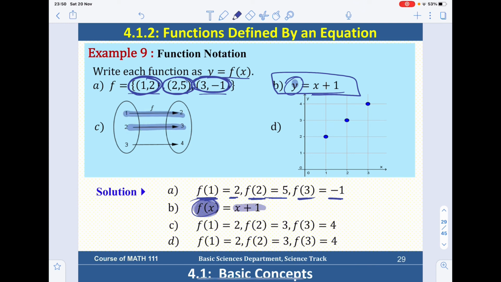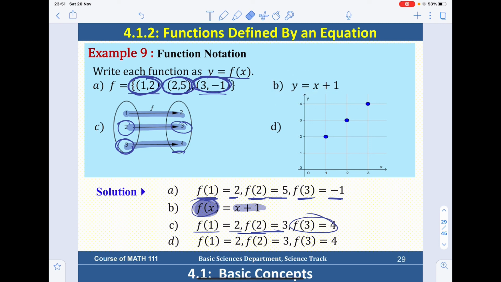In the mapping here, we have 1 and 2, which means f of 1 equals 2, and f of 2 equals 3, and lastly f of 3 equals 4. Also, over here in the graph, the image of 1 is 2, so f of 1 equals 2, and then the image of 2 is 3, so f of 2 equals 3, and lastly the image of 3 is 4, so f of 3 equals 4.